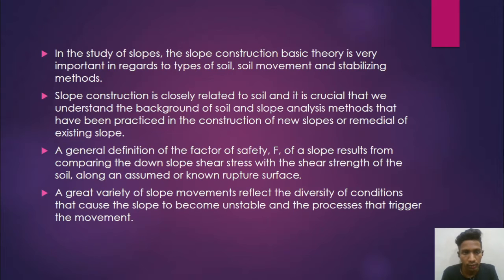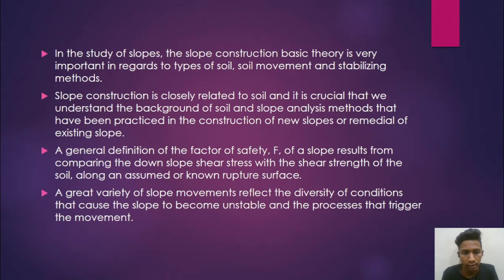In the study of slope, a slope construction basic theory is very important in regards to type of soil movement and stabilizing methods. Slope construction is closely related to soil, and it is crucial that we understand the background of soil and slope analysis methods that have been practiced in the construction of new slope or remedial of existing slope.